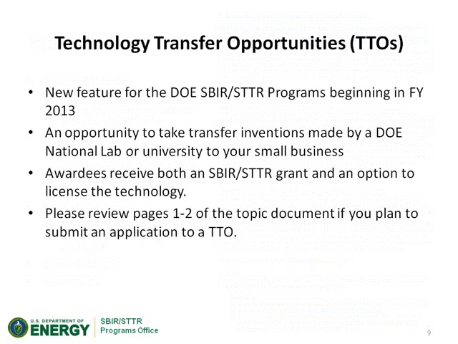In addition to getting a grant award, you will also get an option to license the technology at the time you start your grant. There's much more detail on the first couple of pages of the topic document. If you are interested in applying to those, we would ask that you review those pages before submitting an application. Next slide.